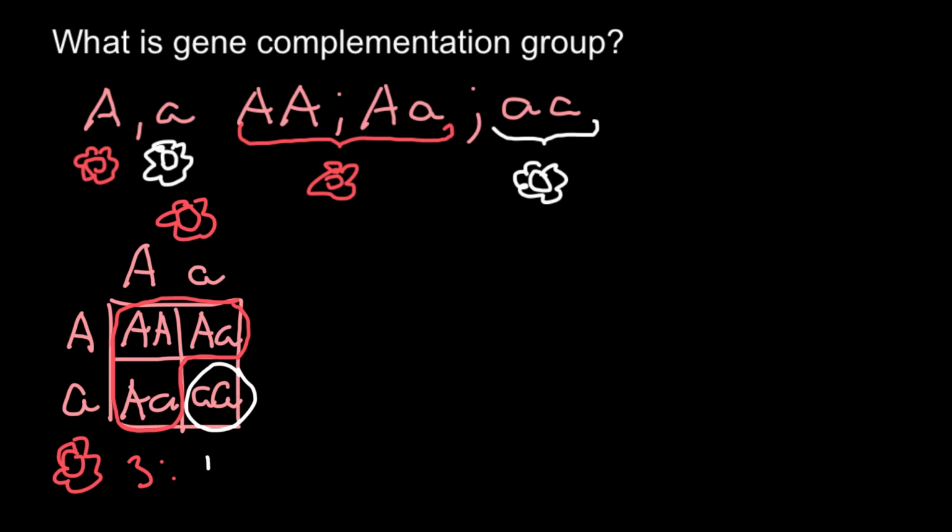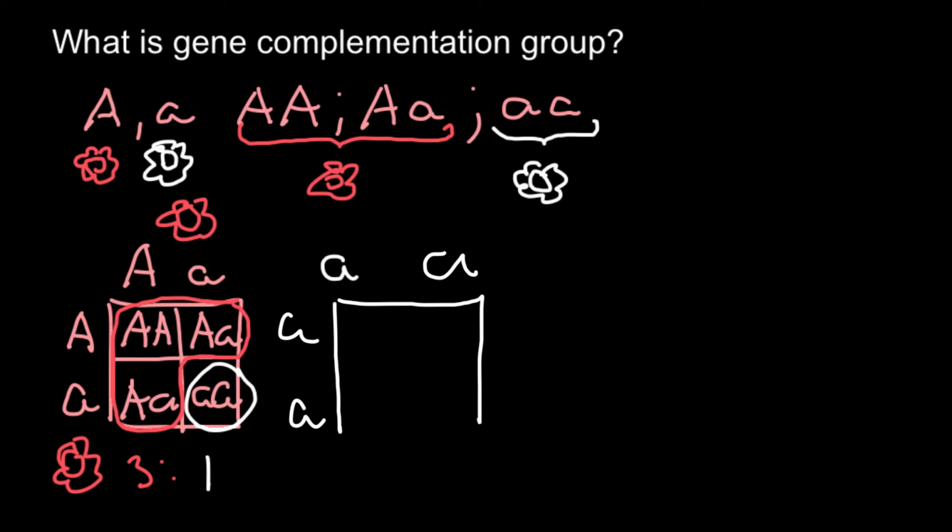So one genotype that is homozygous recessive would produce plants with white flowers. What would happen if we would use a homozygous recessive genotype and cross it with another homozygous recessive genotype? 100% of the progeny would produce plants with white flowers.